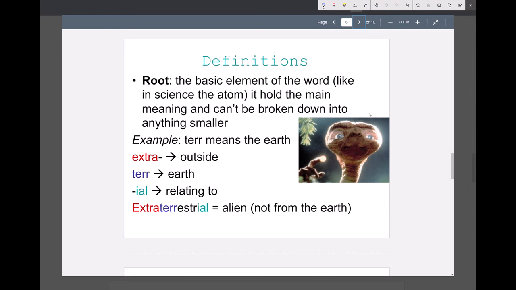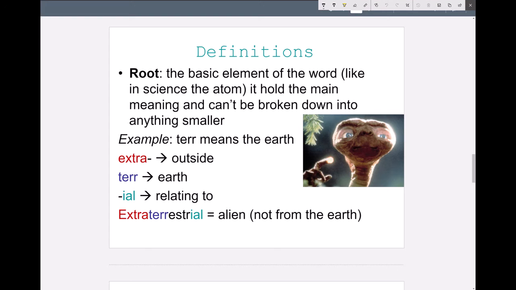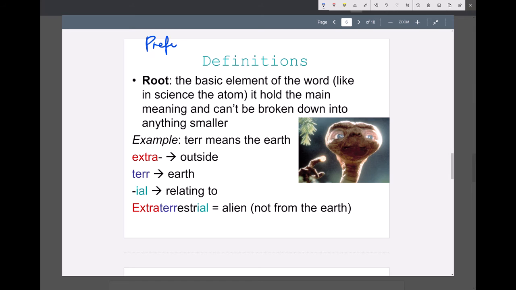Now we talked about the prefix, the part of a word that is before the word, and then suffix, the part of the word that is after the word.